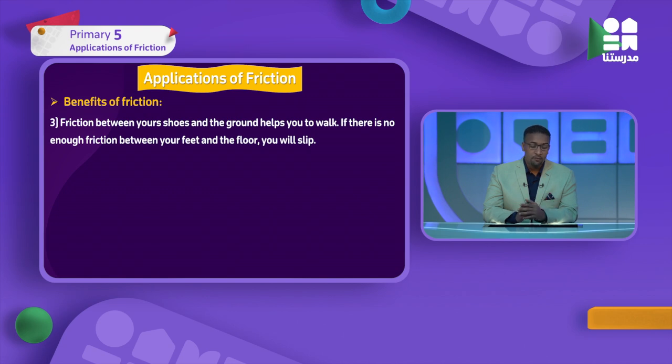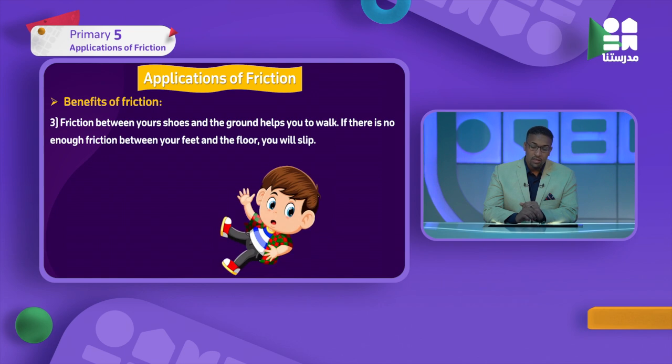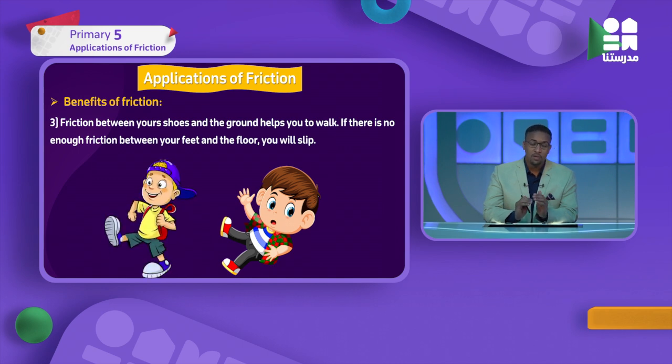If there is not enough friction between your feet and the floor you will slip. ايه اللي هيحصل لو مفيش enough friction between our feet or our shoes and the ground؟ مش هنقدر نتحرك، هنقع على الارض. ودي حاجة اكيد مفيدة جدا ان احنا نقدر نتحكم في حركتنا، ان احنا نقف steady. مين اللي بيساعدنا في كده؟ عشان كده بنقول عليها advantages او benefits of friction. اكيد الفريكشن فورس هو المسؤول ان احنا يخلينا نتحرك بكل ثقة، نتحرك من غير ما نقع. ليه؟ على اساس ان هي فورس بتتحكم في الحركة بتاعتنا شوية.